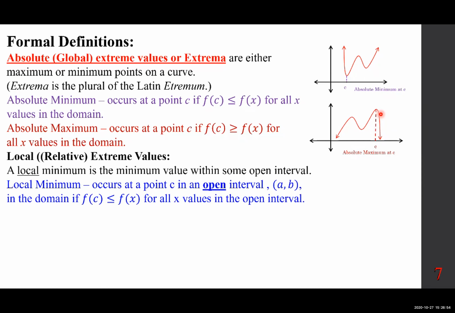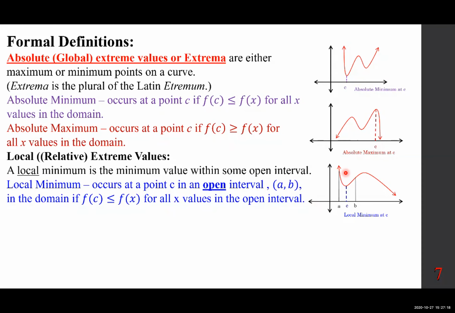When we say local or relative, it refers to the functional value being the largest or smallest in some open interval, an open interval of a to b. So that's why we have these lines a and b. This is a local min. This is a local max.